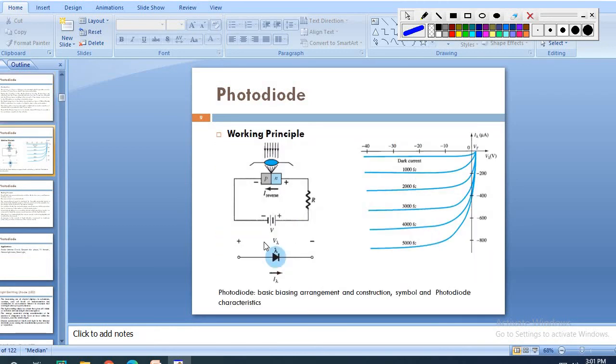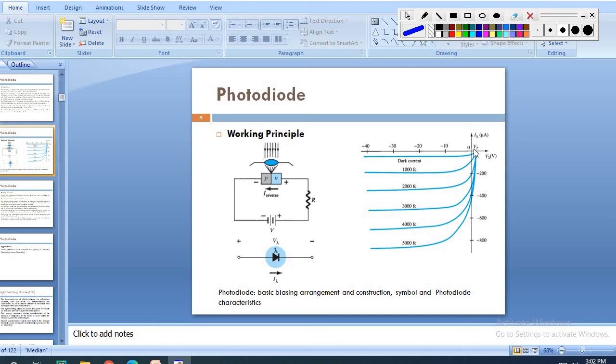Next, the working principle of the photodiode. When I apply a reverse bias voltage to this PN junction diode, there is a slight flow of current because of the minority carriers. To increase those minority carriers, light rays fall on the PN junction diode. This graph indicates the voltage and current relationship.